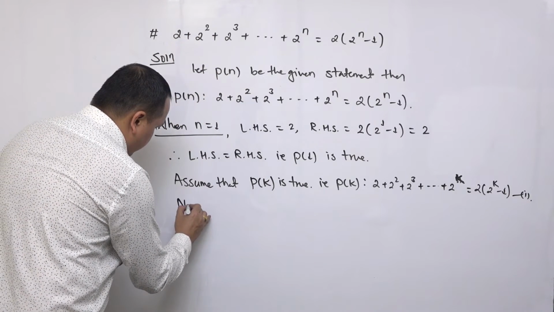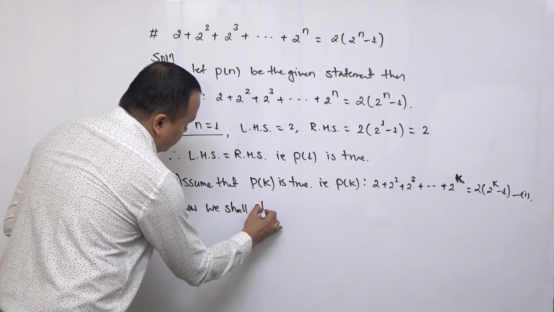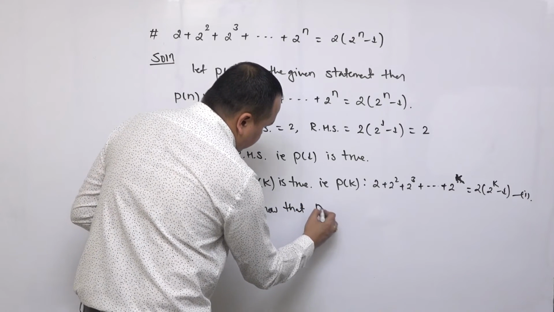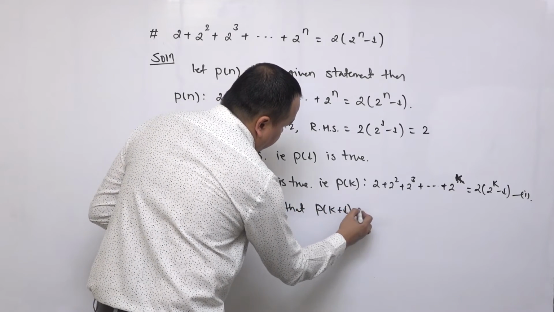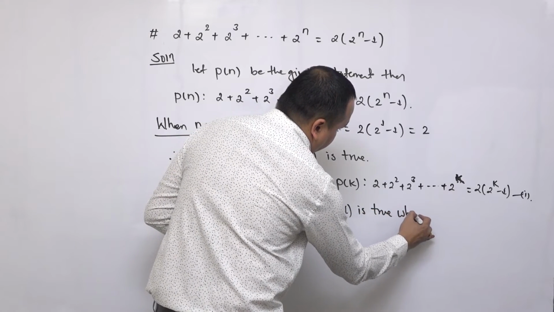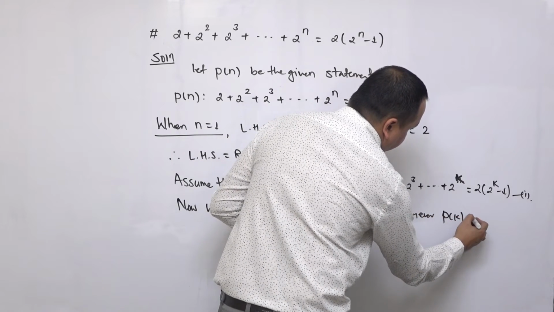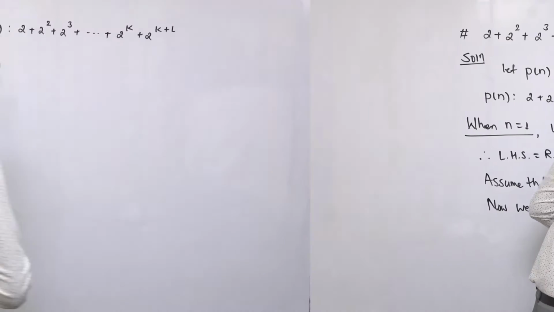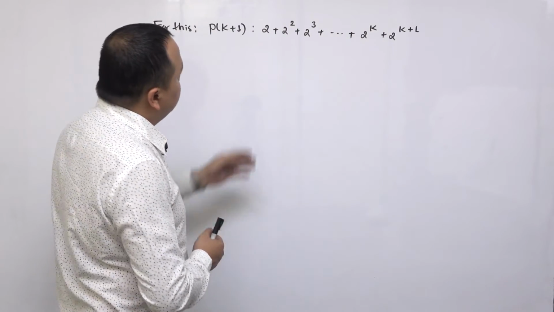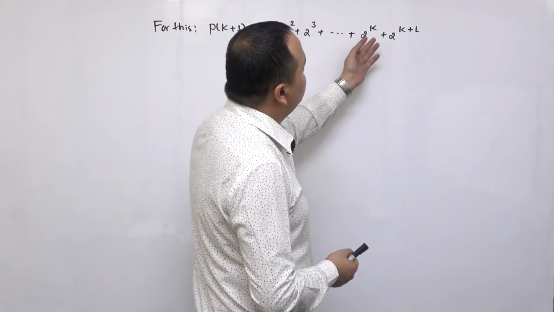Now, we shall show that Pk plus 1 is true whenever Pk is true. For this, Pk plus 1: 2 plus 2 square plus 2 cube plus ... plus 2 to the power k.